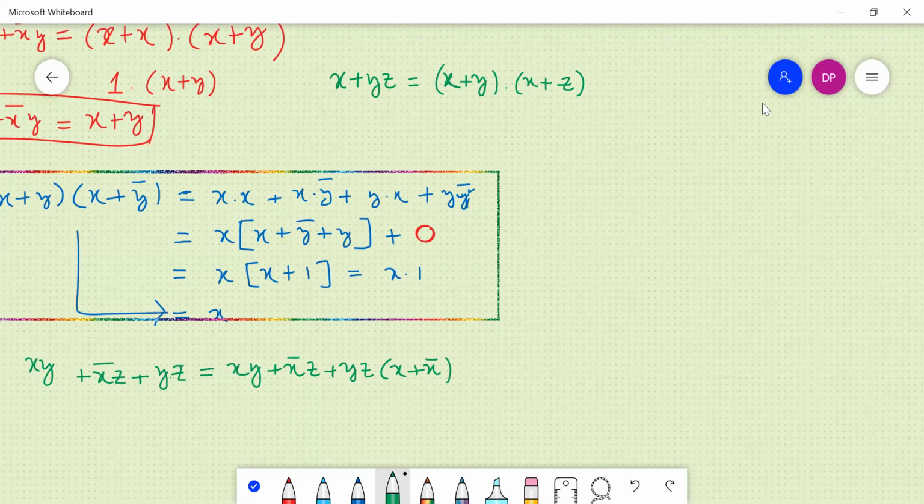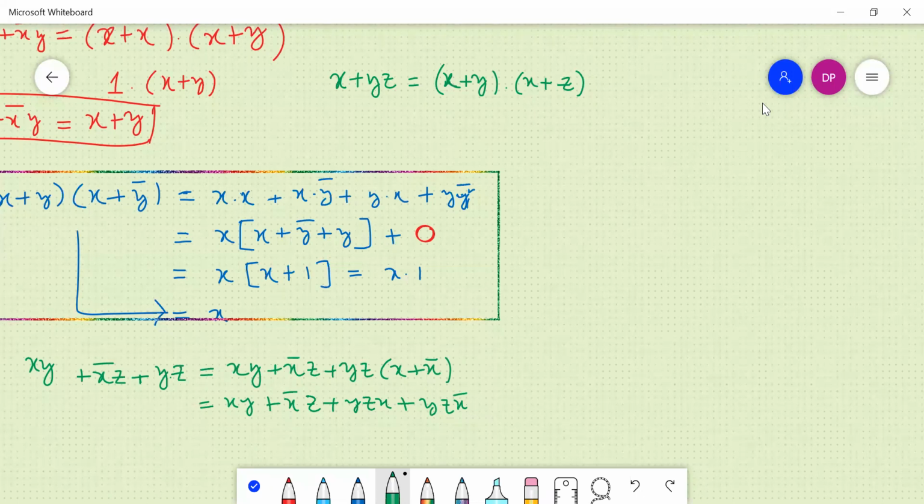If you write like this, this is xy plus x bar z plus yz x plus yz x complement.